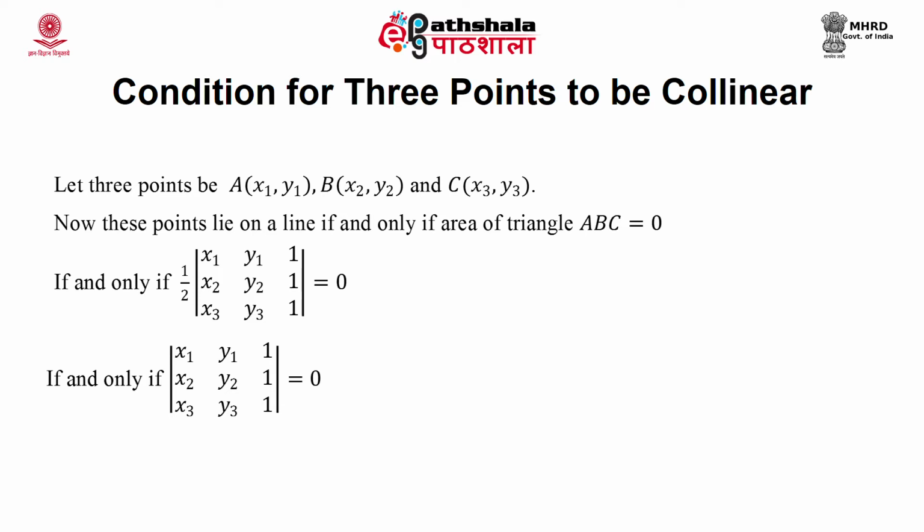So these vertices will lie on the same line if the triangle obtained by these vertices is just a line, so it has 0 area. The area of the triangle will be 0 if and only if this expression is equal to 0, or we can say the determinant of this matrix is 0, and this is the condition for 3 points x1 y1, x2 y2, x3 y3 to be collinear.